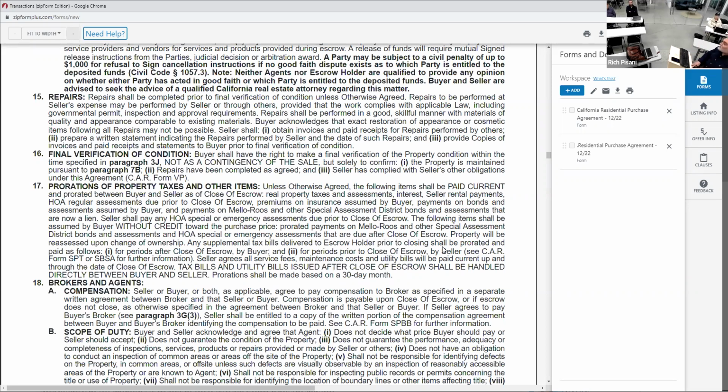Because if the seller paid $300,000 for this property, they are being taxed, it works out to like 1.25%. That's their property tax. You're paying $1 million. Yeah. Your taxes are way more.